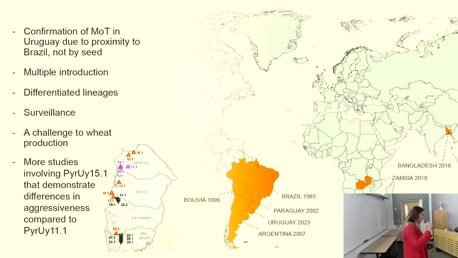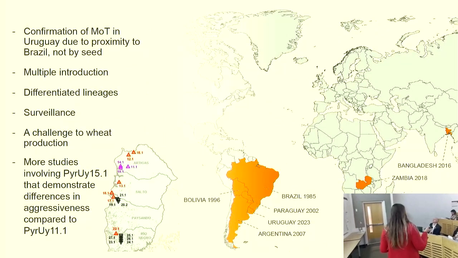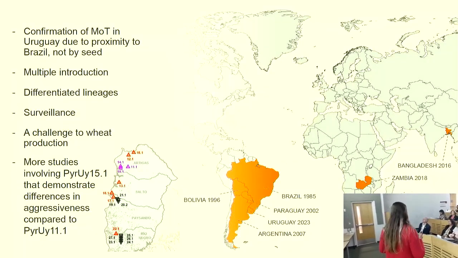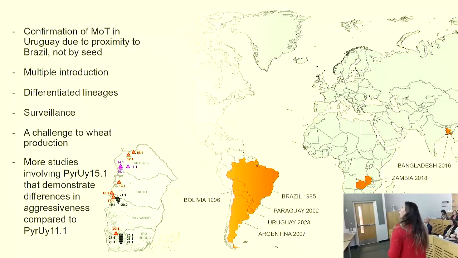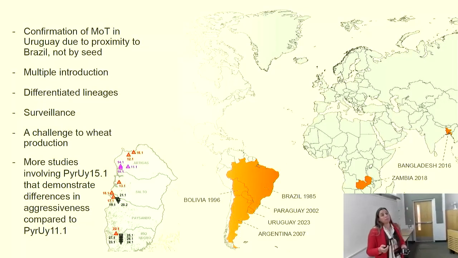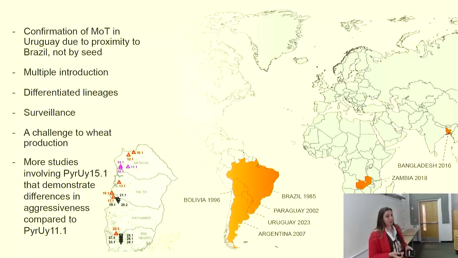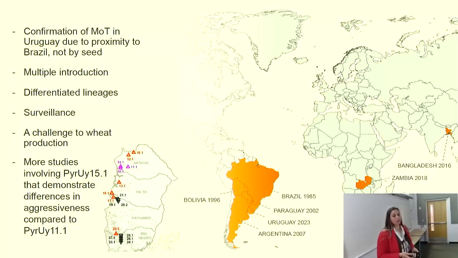So just to wrap up, we found Magnaporthe triticum in Uruguay during the 2023 season. We actually think that this is a multiple introduction because we found similarity to 2012 and 2016 isolates. We have differentiated lineages already in the country.